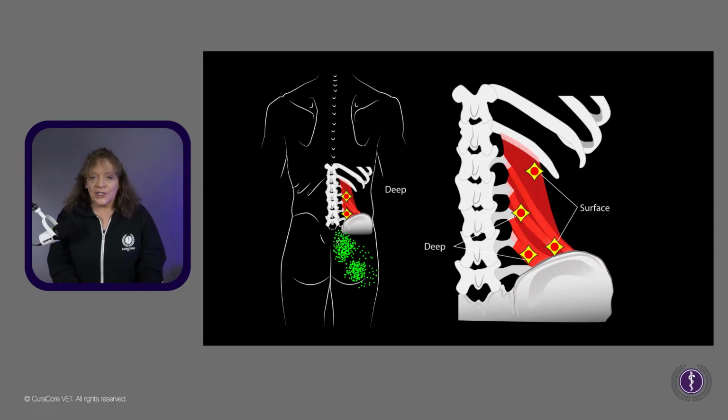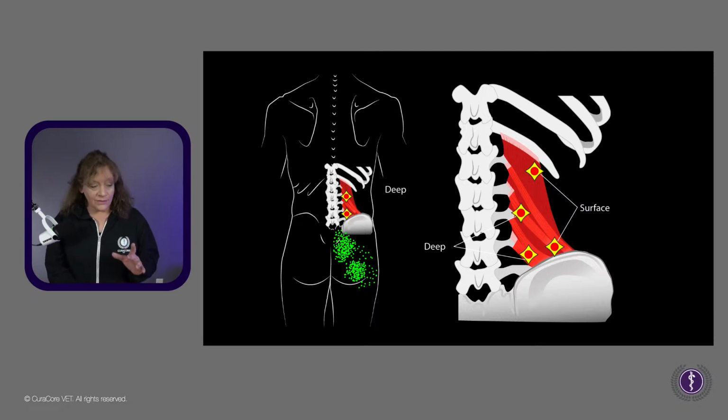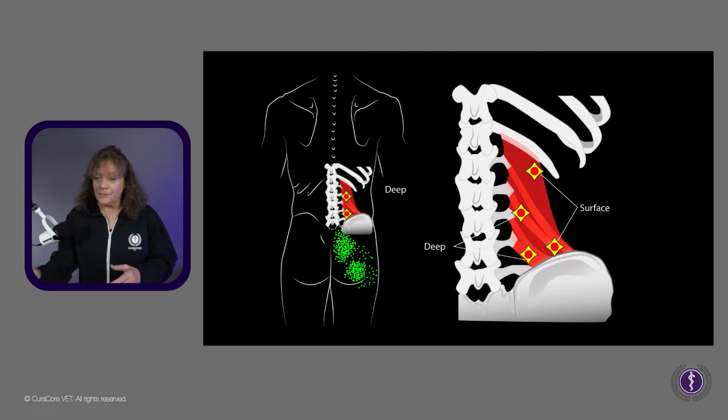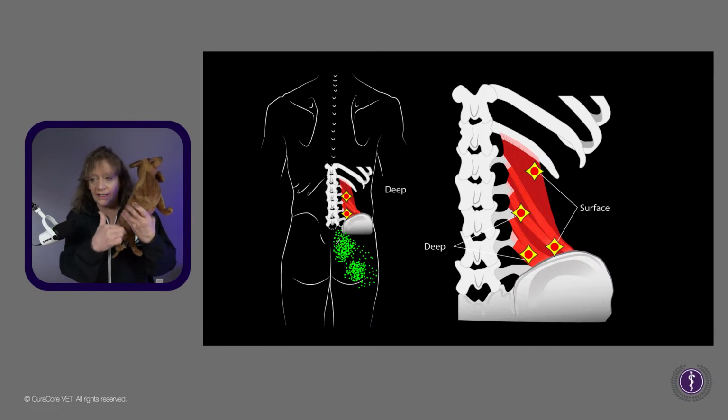Just as a mnemonic, quietly causing lumbago, what is that? Well, that is the quadratus lumborum. And areas that it can refer to are the sacroiliac joint, the abdomen, the groin, and as I said, the greater trochanter, or just really have a problem locally.